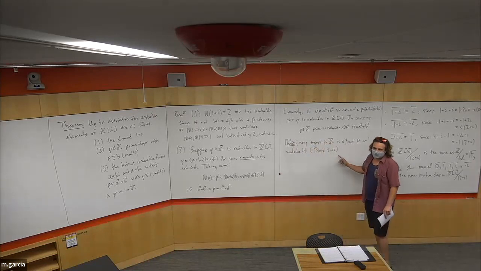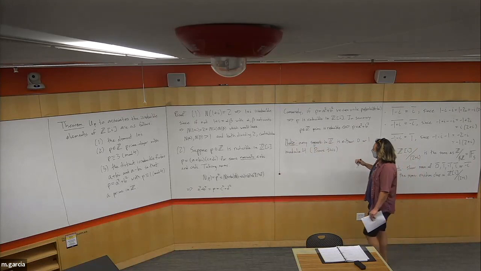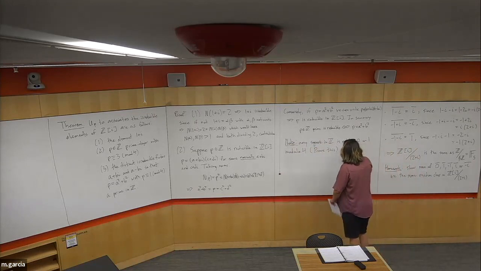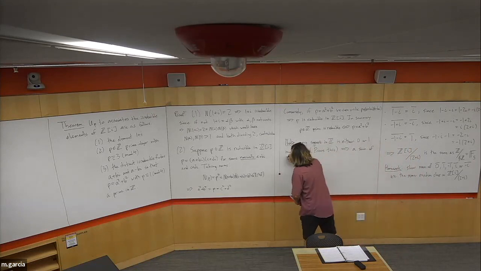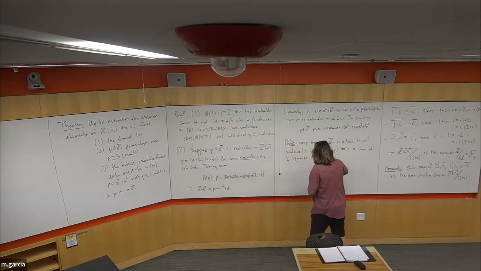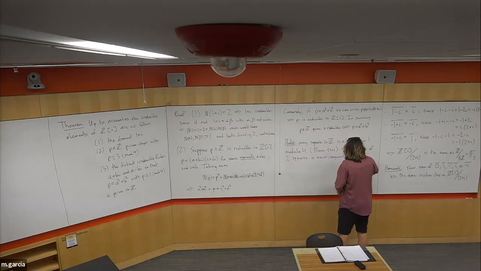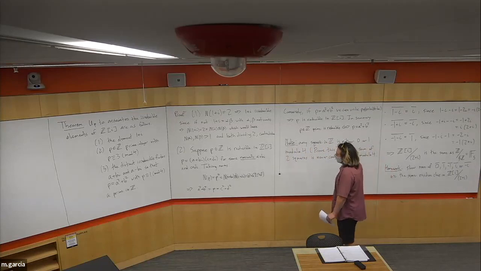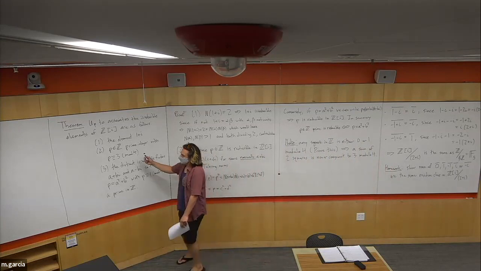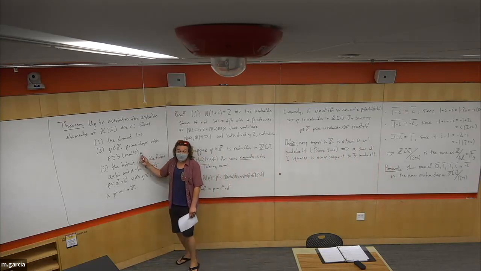You don't believe me? Prove this. Okay. So what this implies is that a sum of two squares is never congruent to 3 modulo 4, i.e., primes congruent to 3 mod 4 are irreducible in Z adjoin i. Okay.